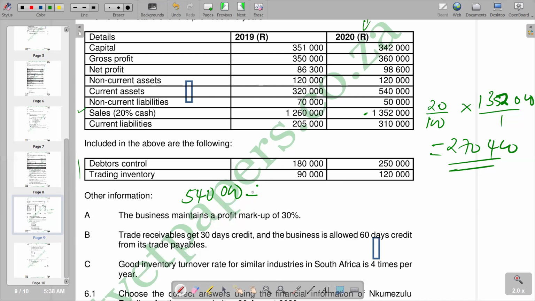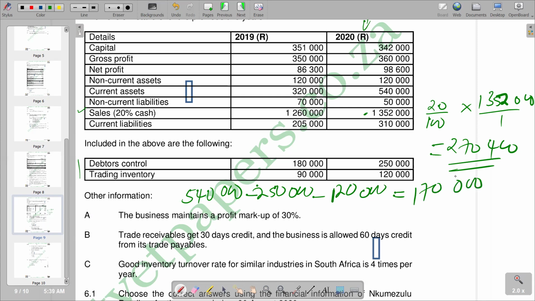So you're just going to say 540,000 minus 250,000. Then we subtract again 120,000. So let's try to see what we get by calculating it like that. We are saying 540,000, and then we subtract 250,000, and then we subtract your 120,000, and then we are going to get 170,000.